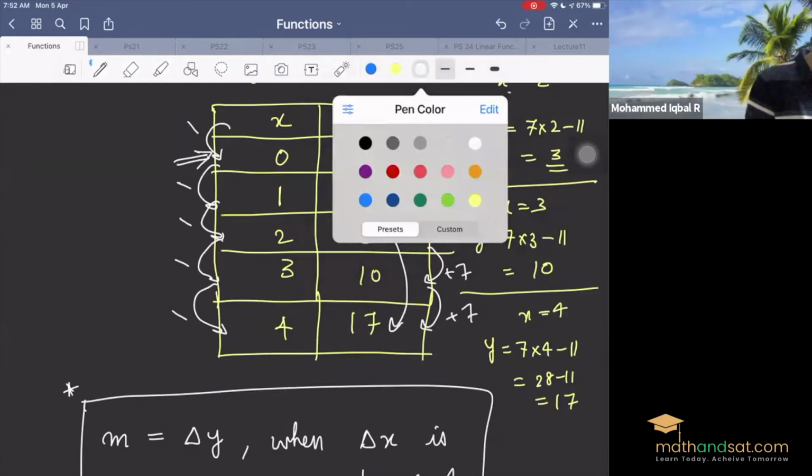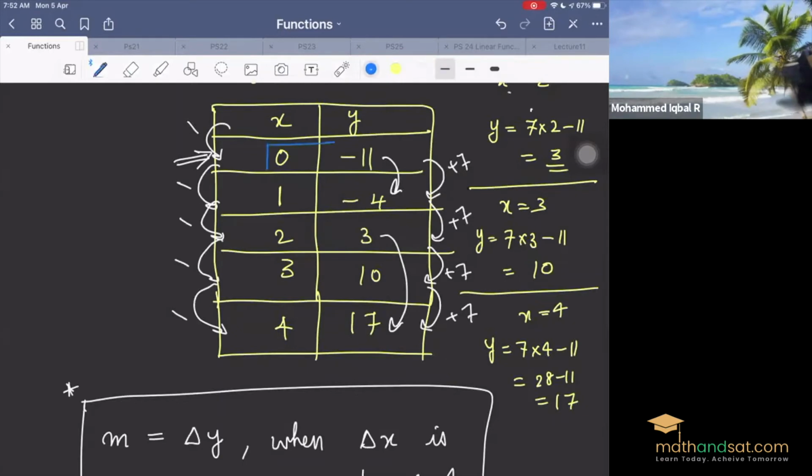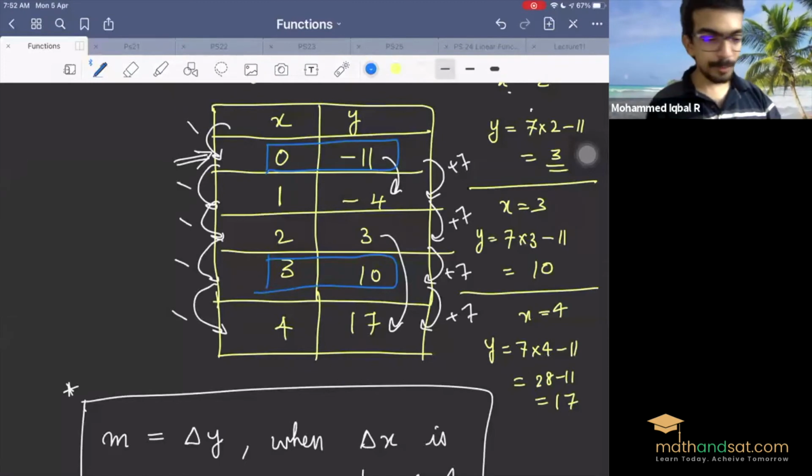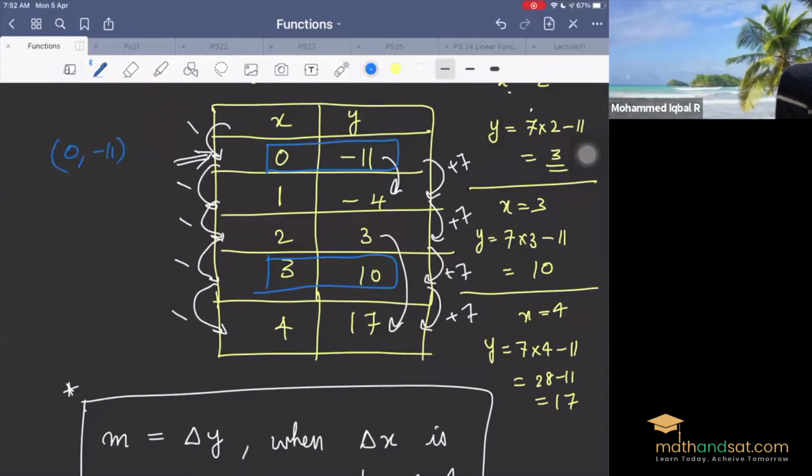So for example, see this. If you go from this situation to this situation, listen carefully. When the input is 0, output is minus 11. So you can represent it as an ordered pair 0, minus 11. Now 3, 10 is this.